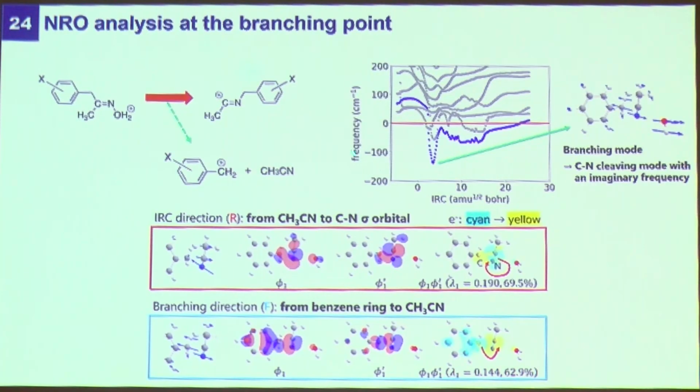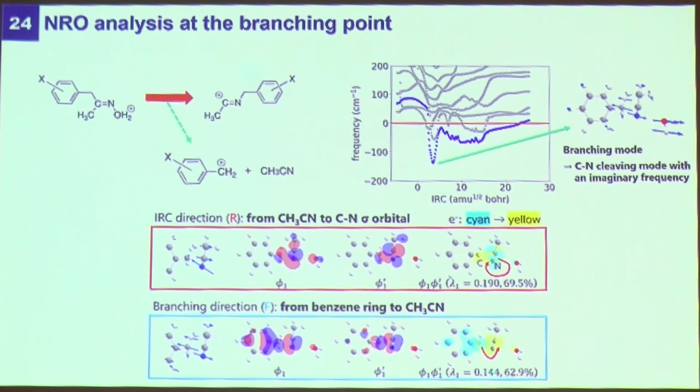And also, along the IRC, we calculate the frequency, and at the imaginary frequency part, the reaction path bifurcates. And along the bifurcating normal mode, we applied NRO. And this is the result.